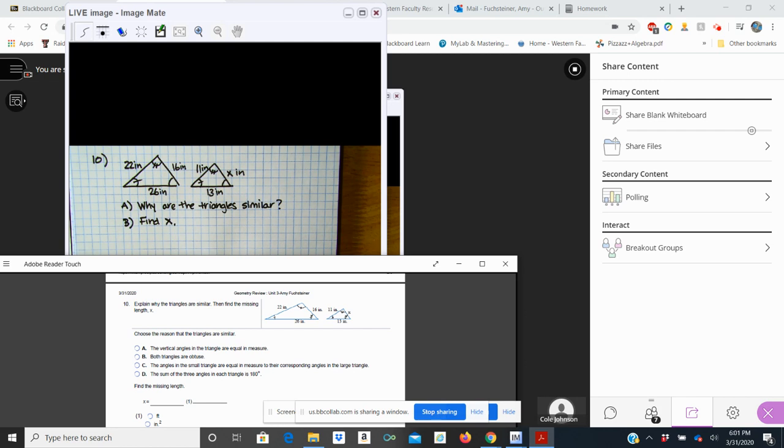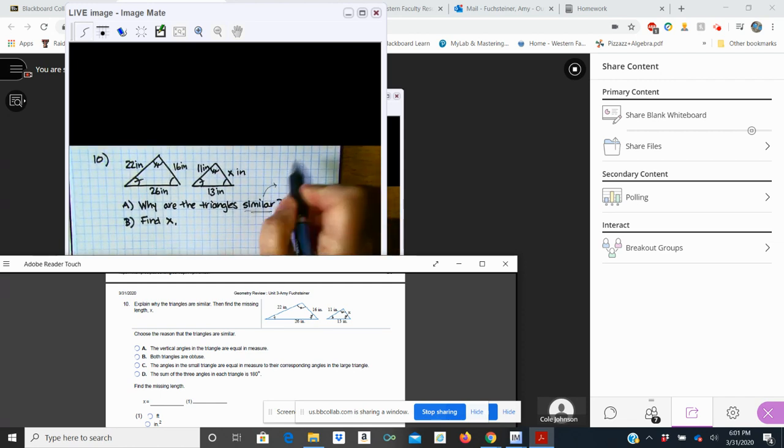If we were going to classify these, they would be scalene. That's triangles that don't have same side lengths. Unfortunately, that's not what this is asking. This one is asking, why are these triangles similar? Now, similar means that they have to be the same shape, but not the same size.